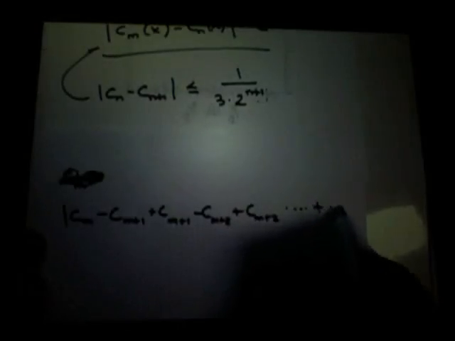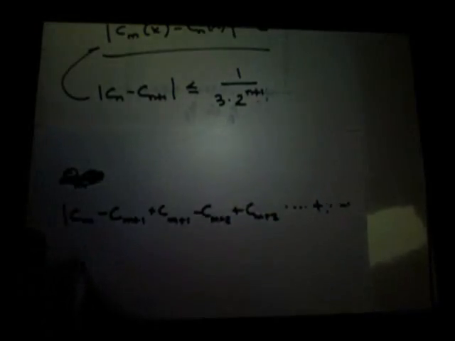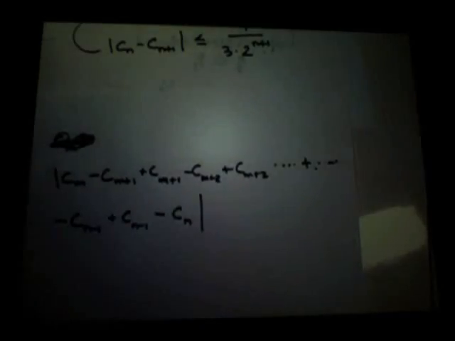If I have C_m minus C_m plus 1, plus C_m plus 1 minus C_m plus 2, plus C_m plus 2, blah, blah, blah, at the very end I'll have C_n minus 1. I'll have added that. First I subtract, add, and then finally take away that. Right? Okay, so I've added and subtracted a bazillion of these things.